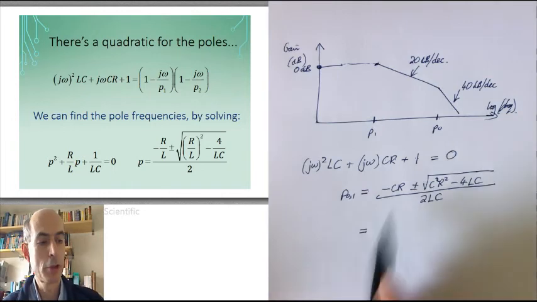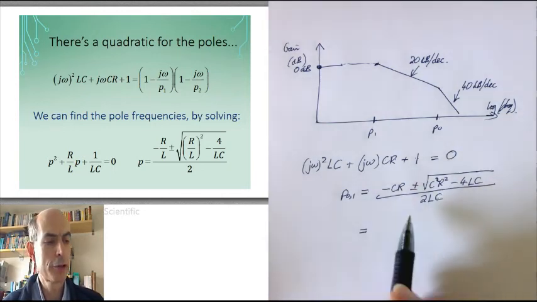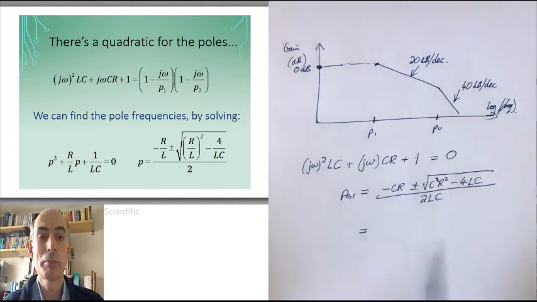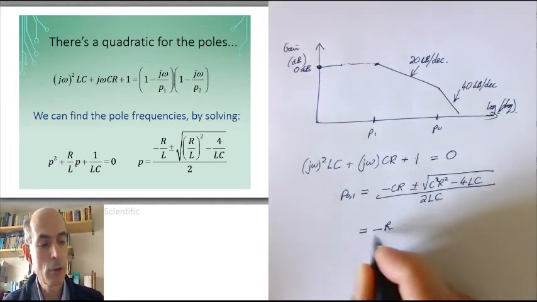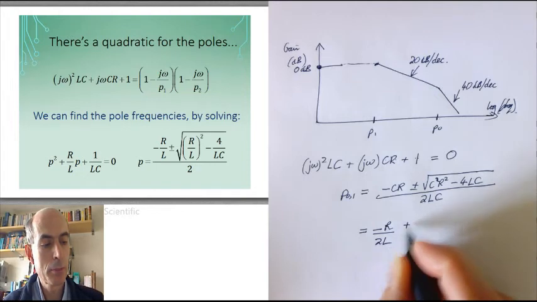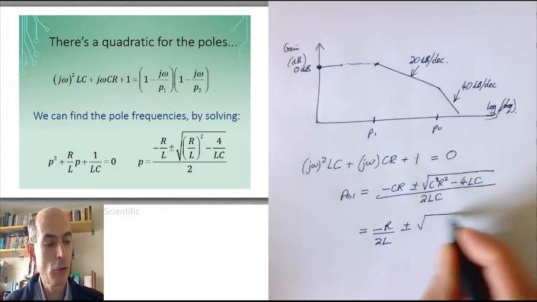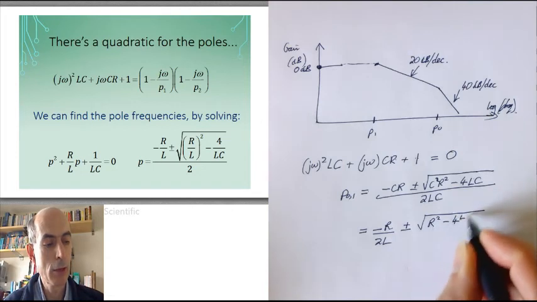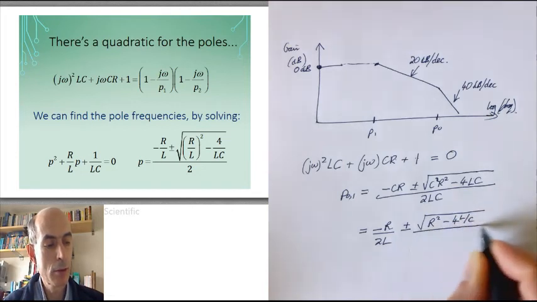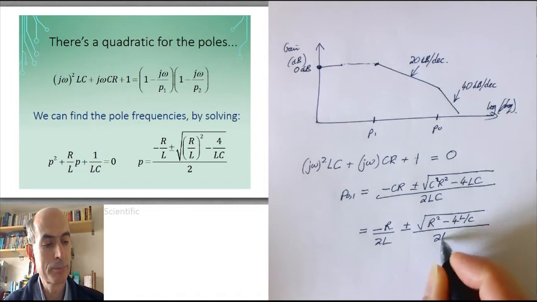If I do a little bit of algebra on this expression, I could conveniently divide top and bottom by C, and that would give me minus R over 2L plus or minus the square root of R squared minus 4L over C, over 2L.